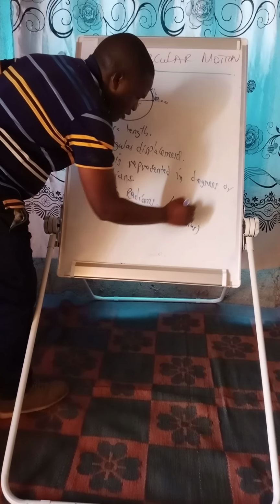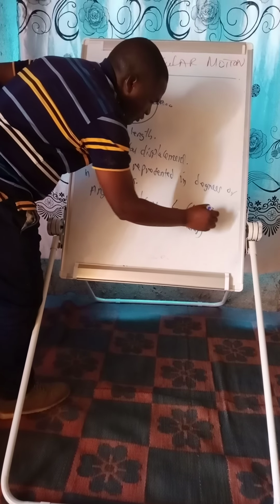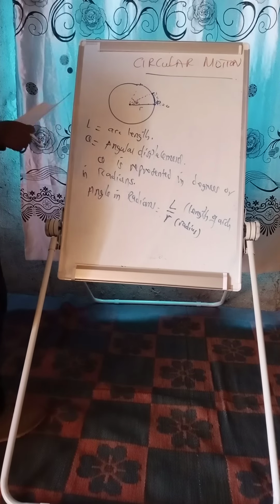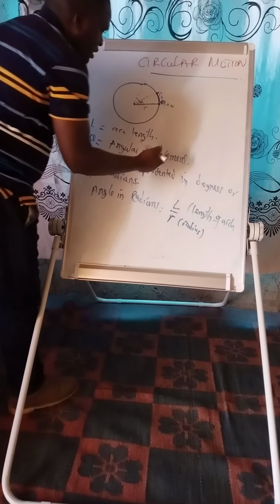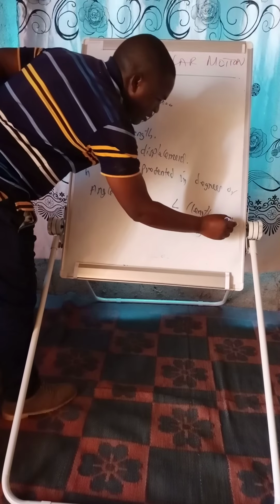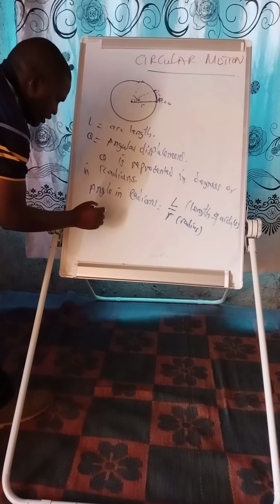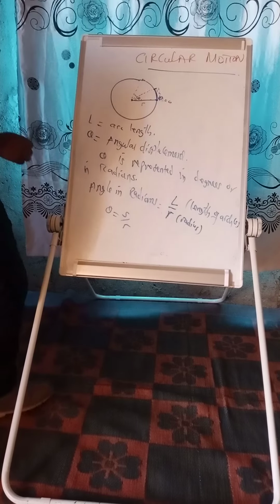This is the length of arc. Sometimes we represent this as S. So we say theta is equal to S over R.